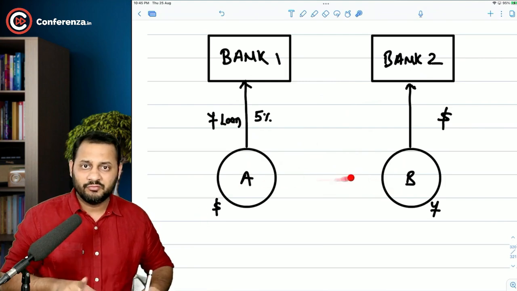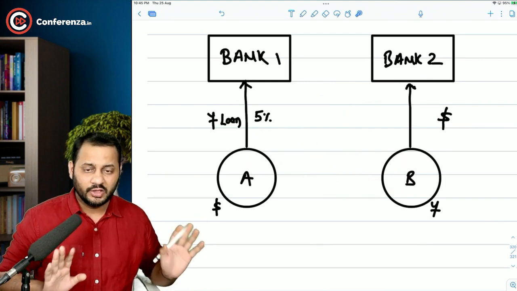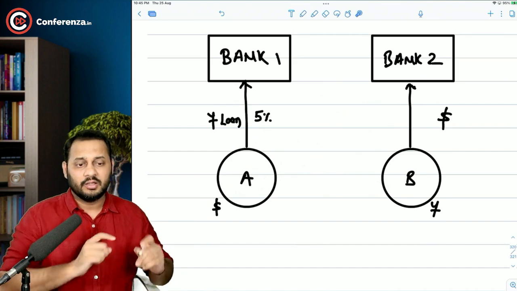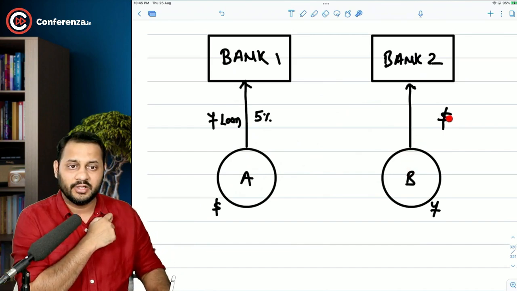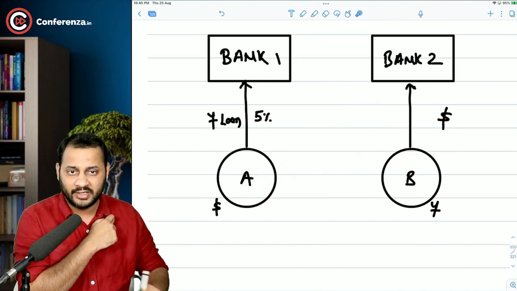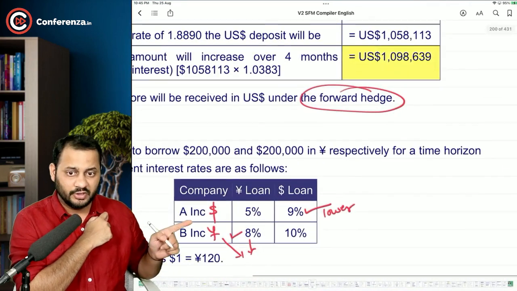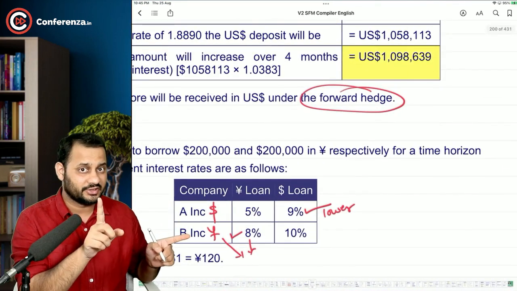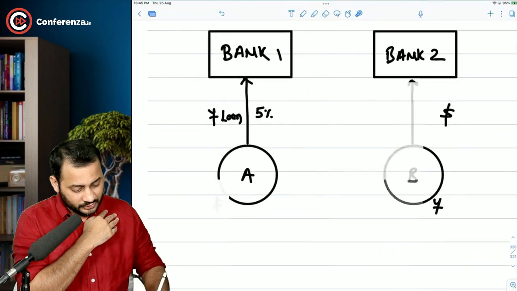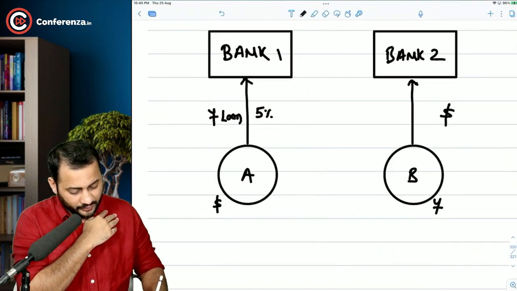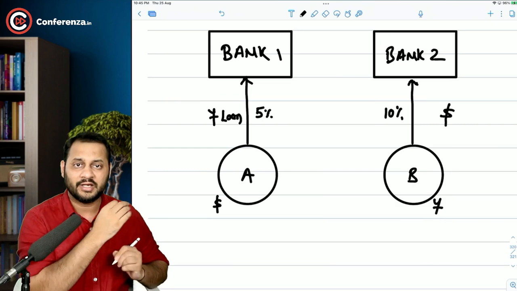So both of them will get their loan principal value, whatever they wanted. Now, B Incorporation will have to make a dollar interest payment to bank 2. What is that? See, B Incorporation's dollar rate is 10%. You can clearly see that. So B Incorporation will have to make a payment of 10% to bank 2.